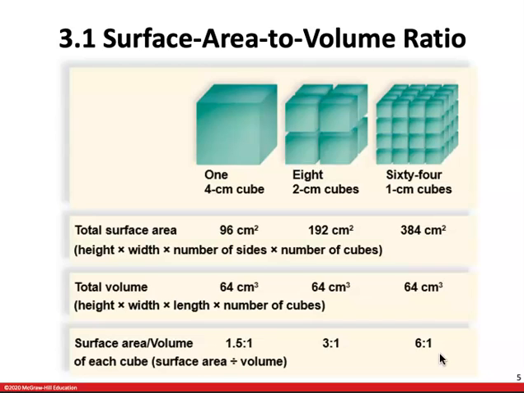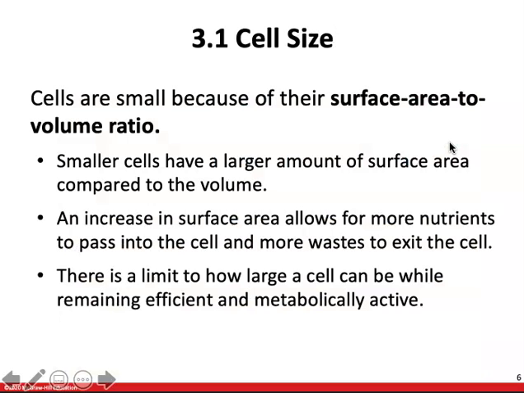But the main difference is the surface area to volume ratio. Those eggs are much larger, and so they have much more peanut butter to chocolate. If peanut butter's the inside, chocolate's the outside, those large Easter eggs have a lot more peanut butter to chocolate, as opposed to the itty bitty ones, which have much more chocolate to peanut butter, much more outside compared to inside. So you can think of this surface area to volume ratio as chocolate to peanut butter. What we want to do is maximize the outer coating and minimize the inner stuff in terms of desirability for passing materials back and forth.